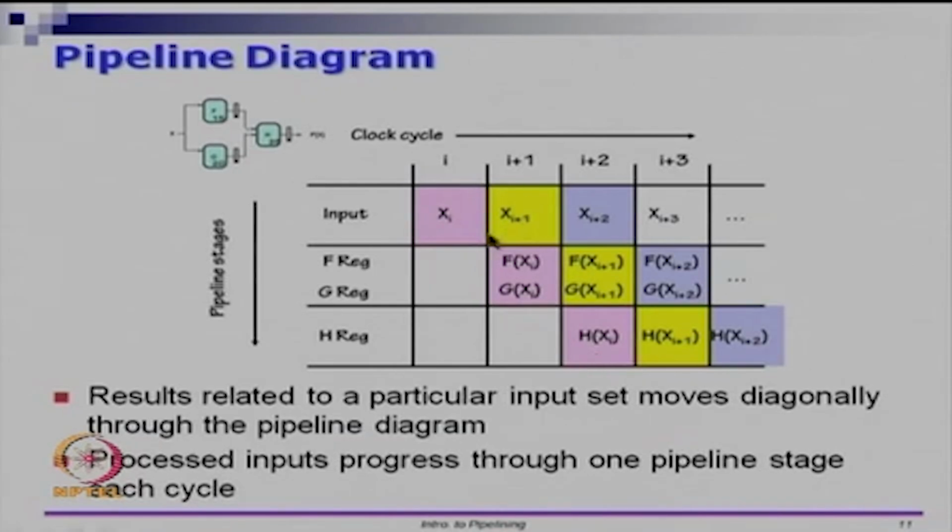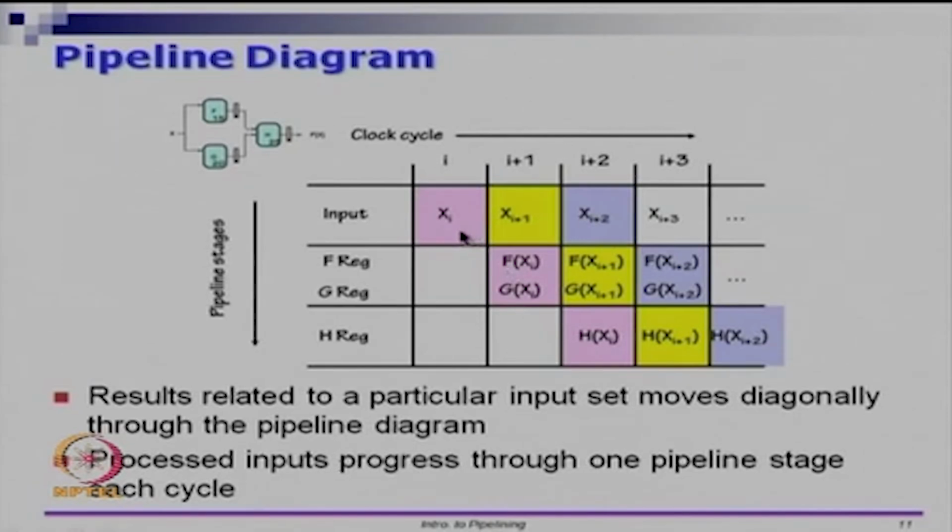However, at I plus 1, I can place the input xi plus 1, they will get ready at I plus 2 for h to take in, and h will produce the output at I plus 3. So, this yellow one is the second set of input, and the violet one corresponds to the third set of inputs.